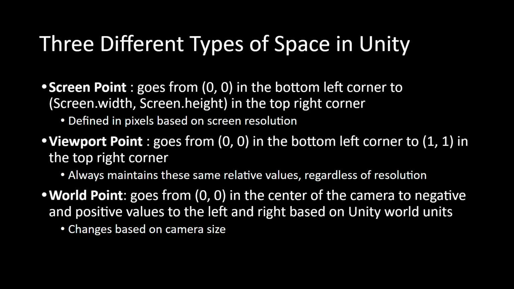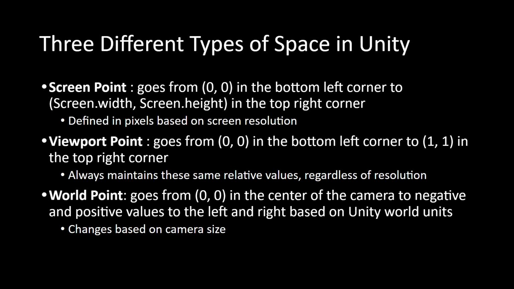To understand that, though, we have to know a little bit about space as far as the game goes, as far as Unity goes. Because the way that a mouse device works is normally there is some kind of coordinate on the screen. Right? There's a pixel coordinate or a device coordinate on the screen that the mouse location refers to.